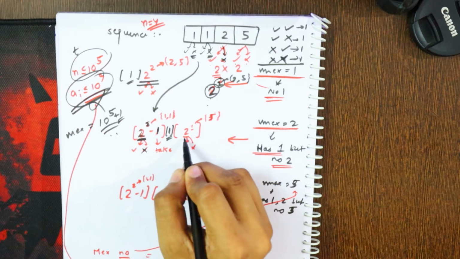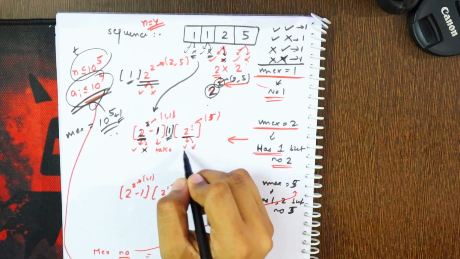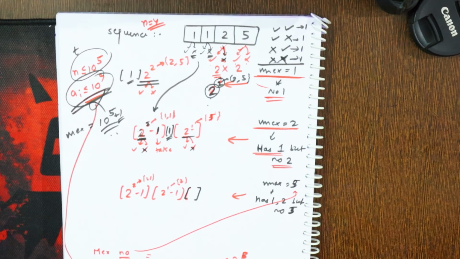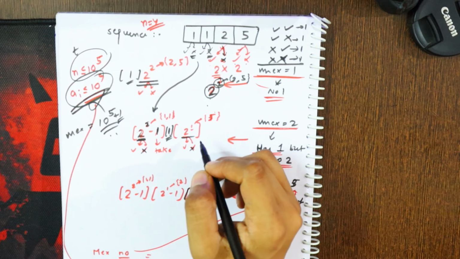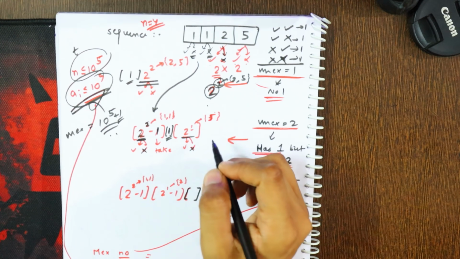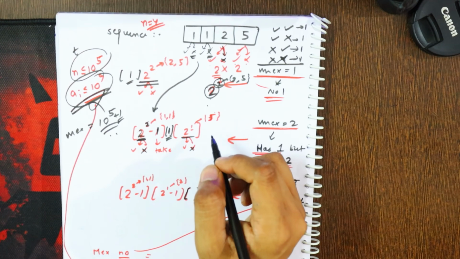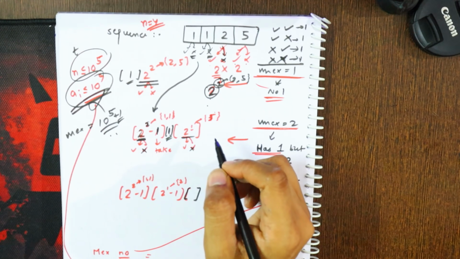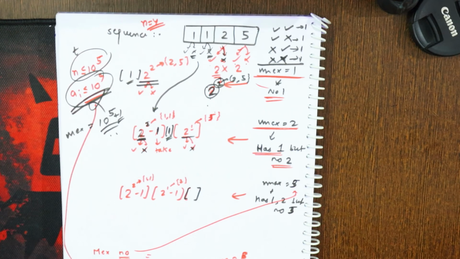The 2 indicates either I will have it or I will not have it, and 1 indicates the remaining one element, because as I spoke to you earlier, at last what we will be having is that we will have it or we will not have it. So beyond 2, I have nothing I want to do. I can have it, I can not have it.